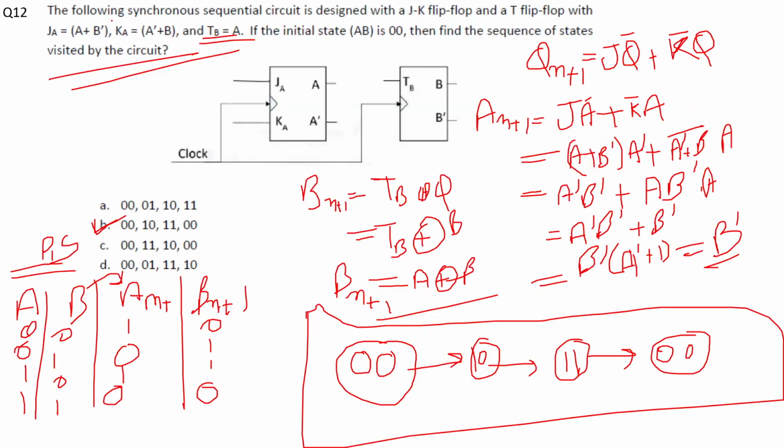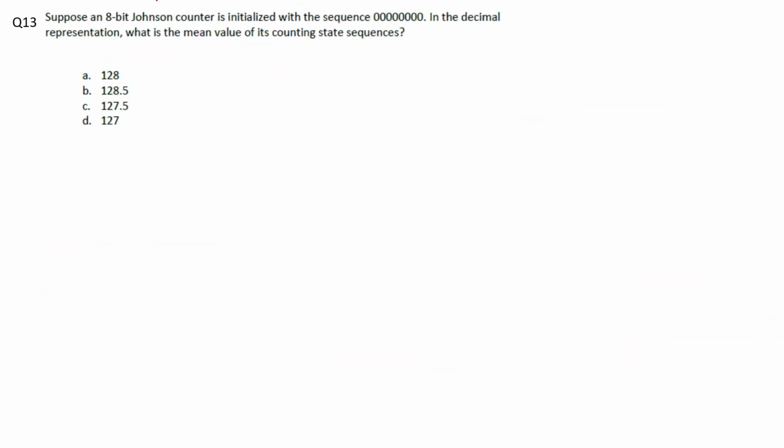So this is your question number 12. We did it. Now question number 13 is, suppose an 8-bit Johnson counter is initialized with the sequence 00000000. In the decimal representation, what is the mean value of its counting states? So an 8-bit Johnson counter will have in total 16 states because 2n number of states.